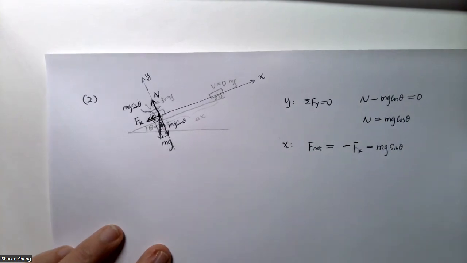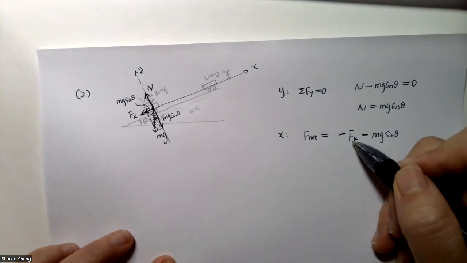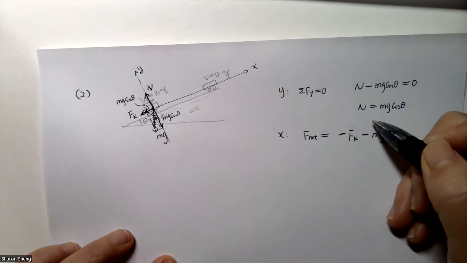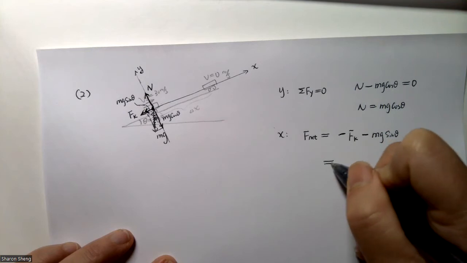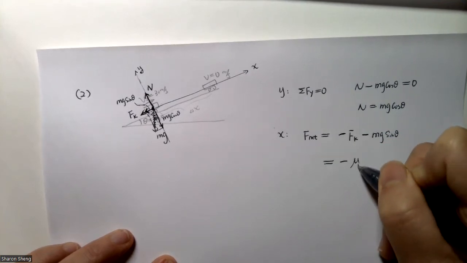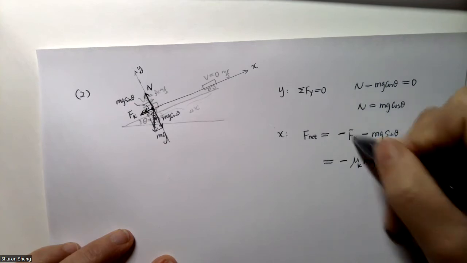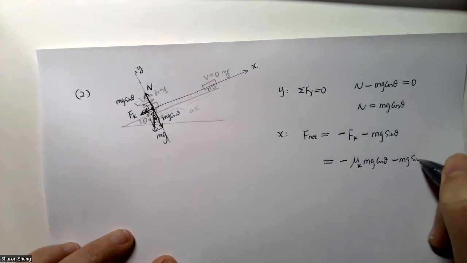That's the net force. And always we replace Fk, because kinetic friction force Fk is always equal to mu sub k times N. So the net force equals negative mu sub k times mg cosine theta, that is Fk, then minus mg sine theta.